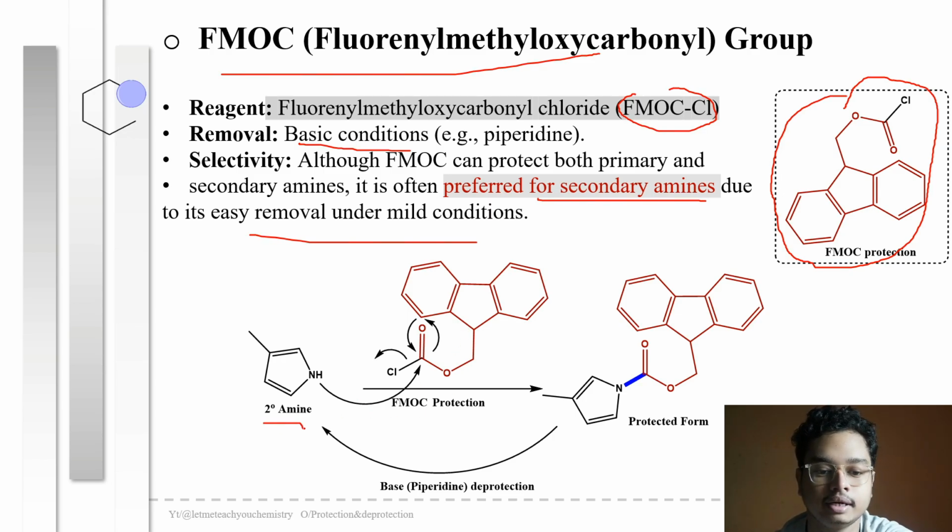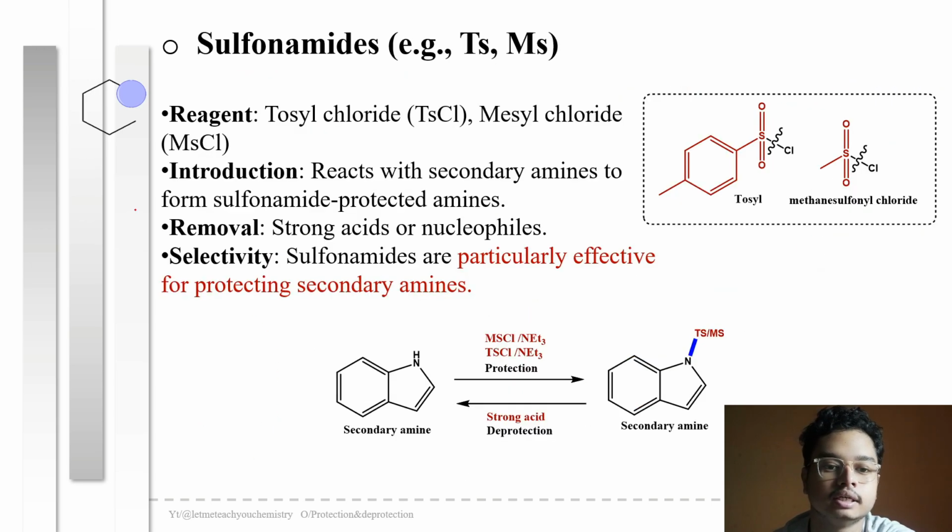Here the 2-degree amine, the secondary amine, reacts to give this protected form, and when treated with the base, piperidine, this group gets deprotected and we observe the deprotected amine. Okay, another thing is the sulfonamide. It is also very important, and it is particularly effective for protecting secondary amines. There are two variants of sulfonamide, the tosyl protection and the mesyl, or methyl sulfonyl chloride, protection.